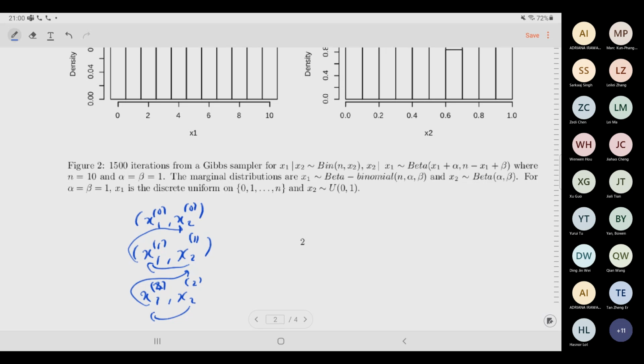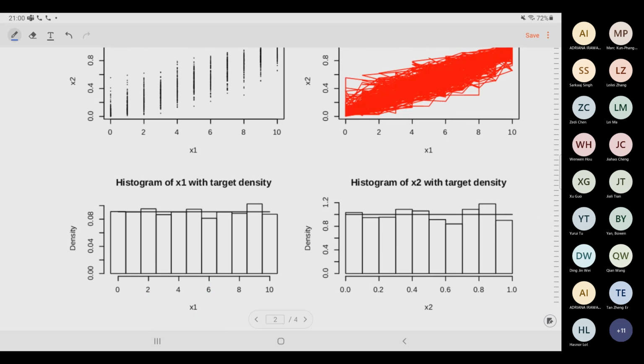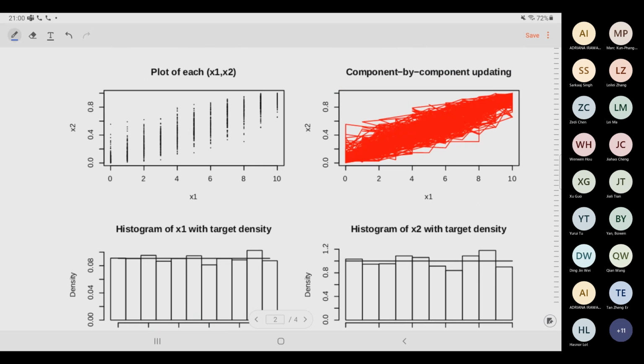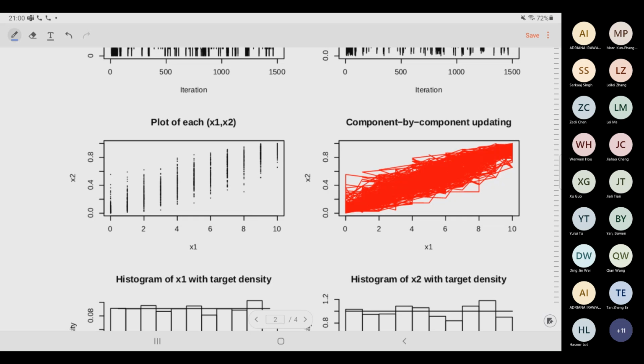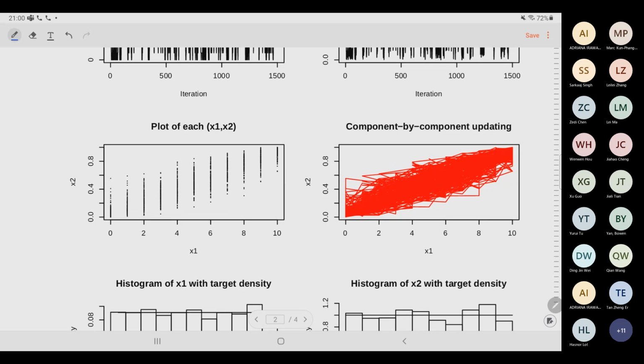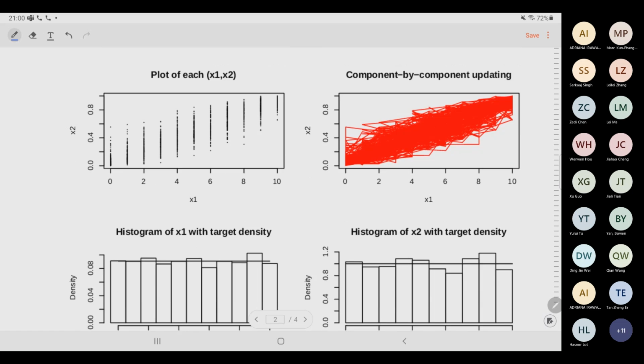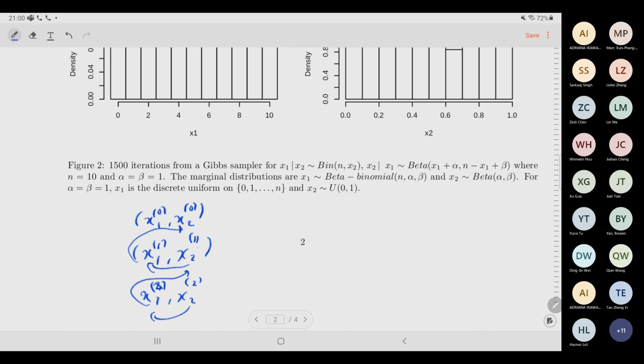So they depend on the previous iteration, but they also depend on the ordering, and they also depend on how many iterations you have.